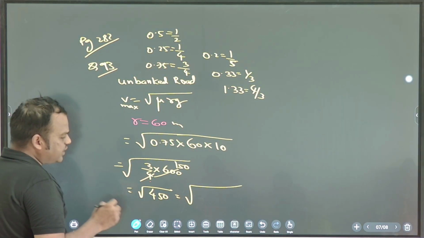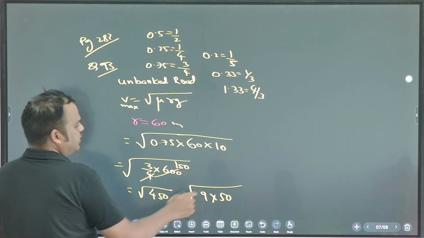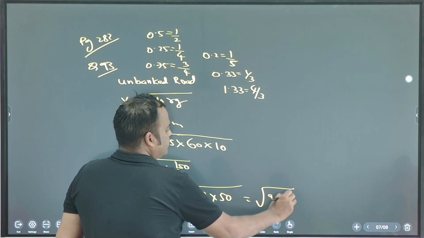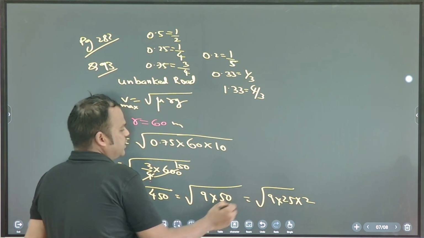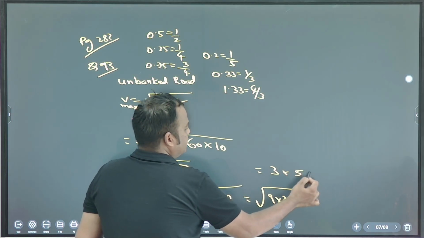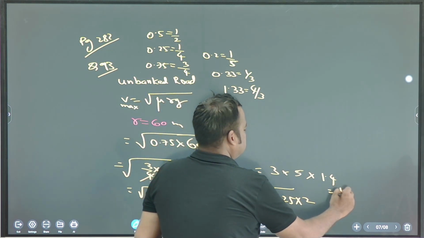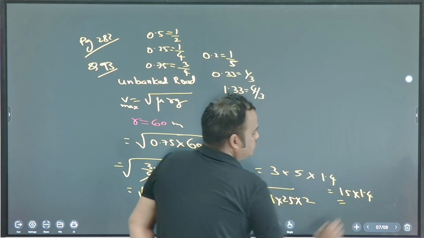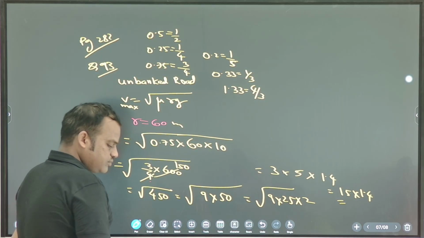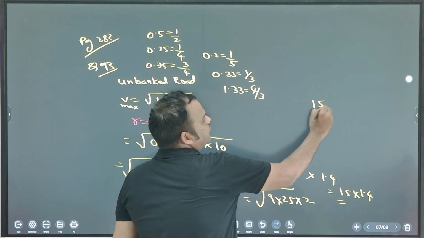Now 450 can be written as 9 into 50, correct? 50 can be written as 25 into 2. So what is the answer? Square root of 9 is 3. Square root of 25 is 5. Square root of 2 is 1.4. 15 into 1.4, how much?